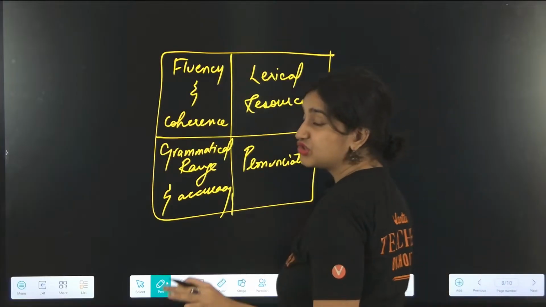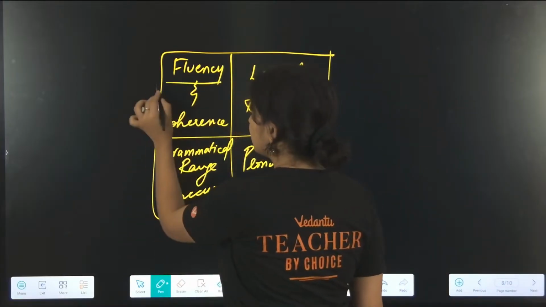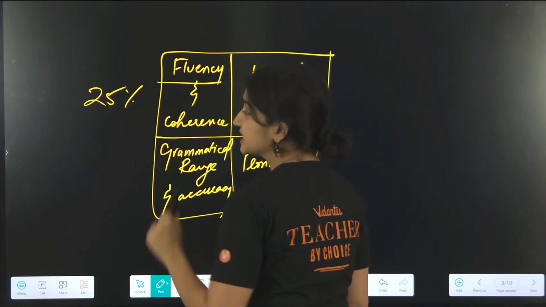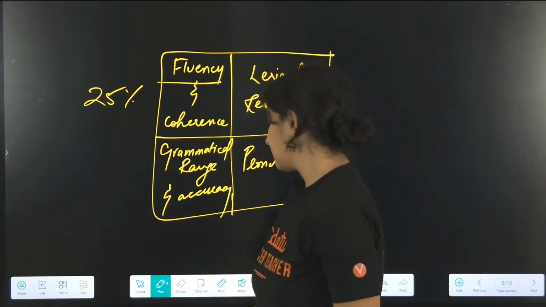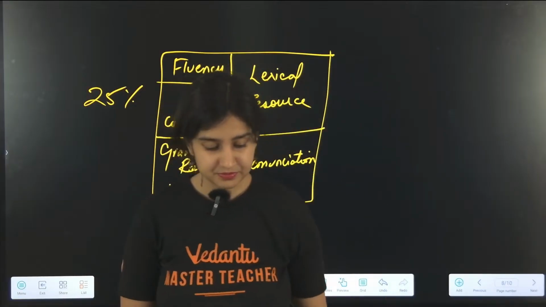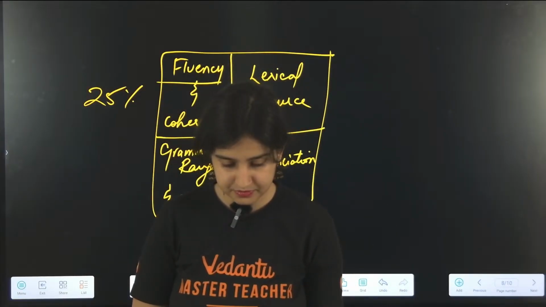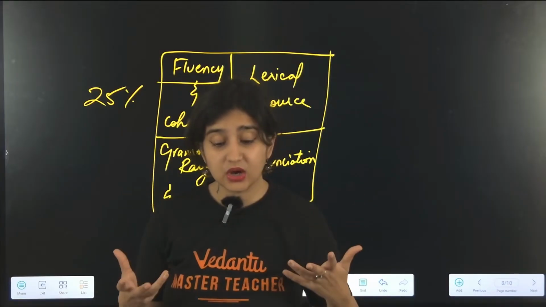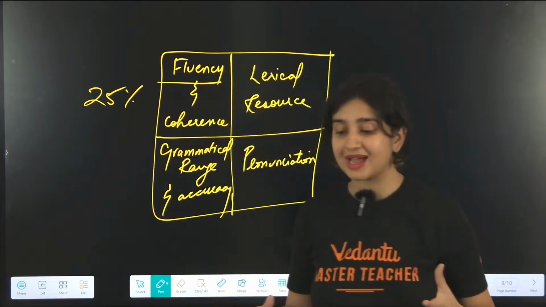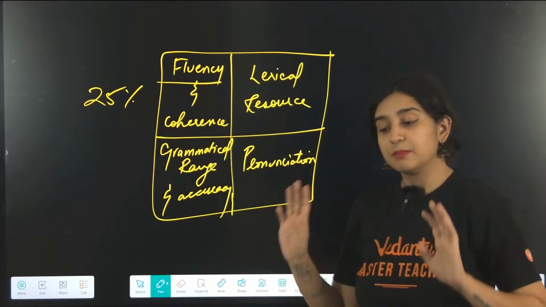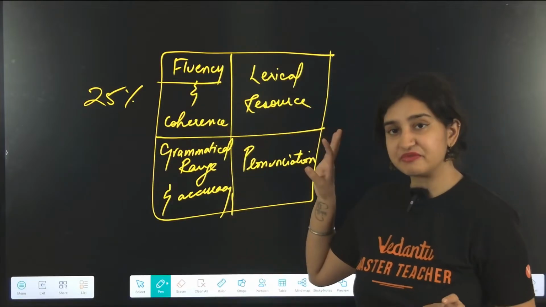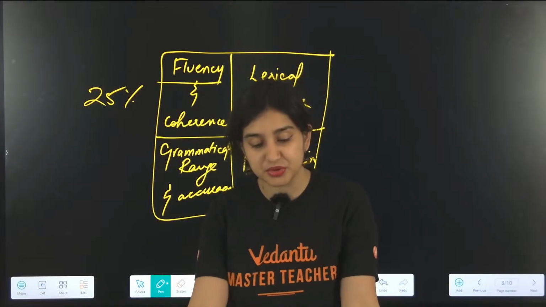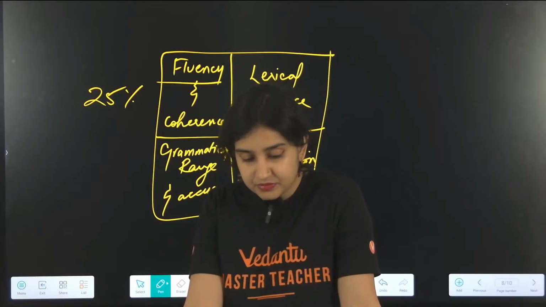So fluency is very important. Fluency is 25% of your score, okay? All right, if you really want to understand the band descriptors in more detail, before the next class, I will spend 10-15 minutes explaining all the band descriptors to you.